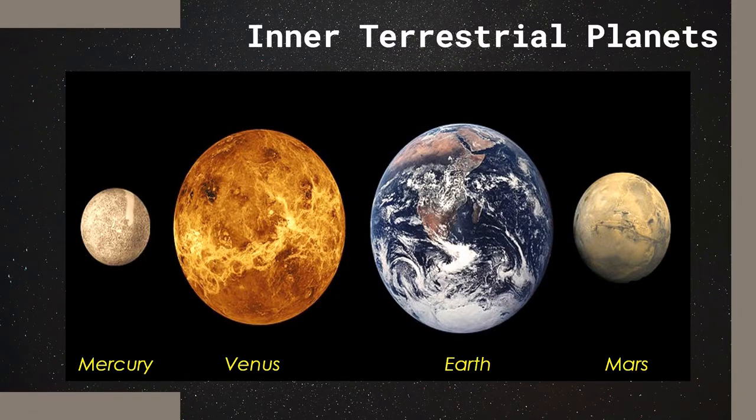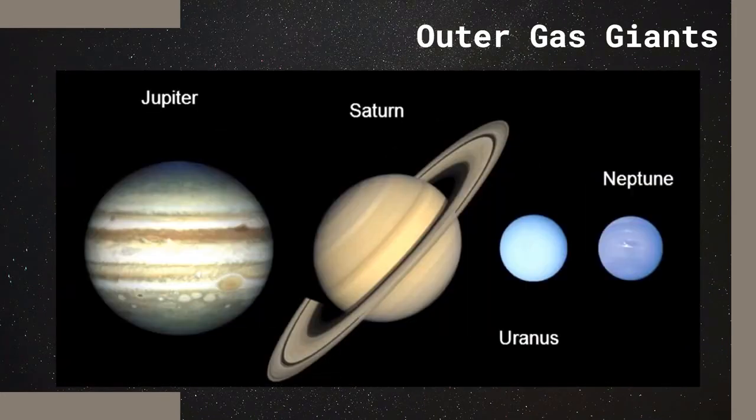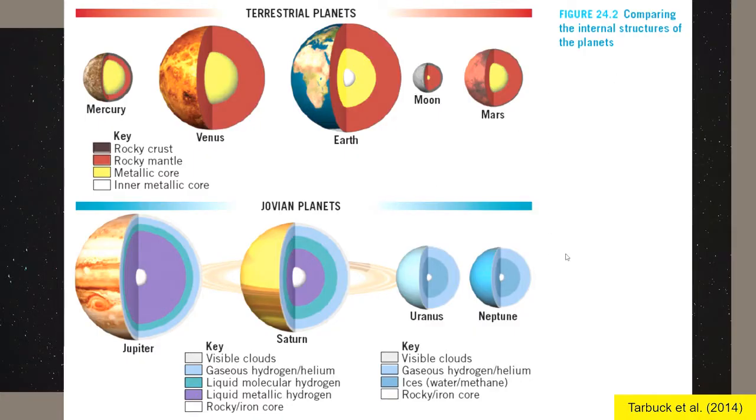These are the inner terrestrial planets of the solar system: Mercury, Venus, Earth, and Mars. These are the outer gas giants: Jupiter, Saturn, Uranus, and Neptune. This shows us the comparison of the internal structures of the different planets.